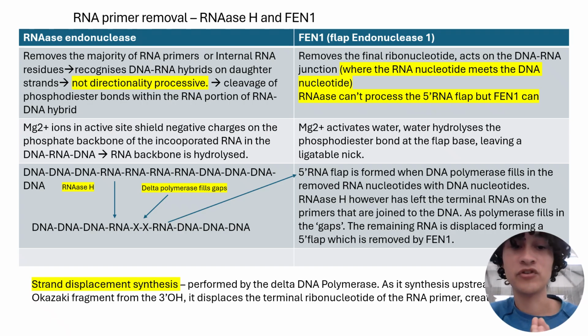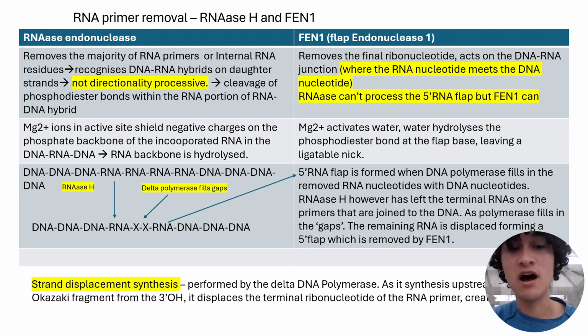Okay, so just to kind of conceptualize this, let's say you've got on our lagging strand, I've put on the left-hand table down below, DNA, DNA, DNA, RNA, RNA, RNA, RNA, DNA, DNA, DNA, DNA, to emphasize that kind of hybridization. So we've got the DNA, DNA, DNA, they're the Okazaki fragments, okay?